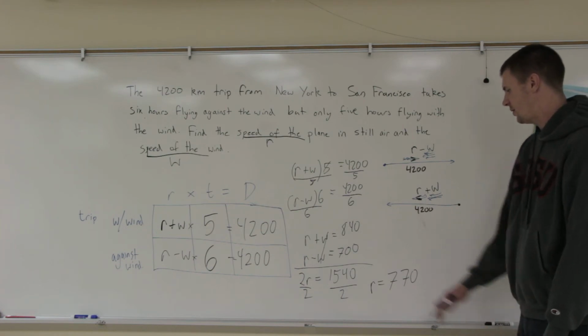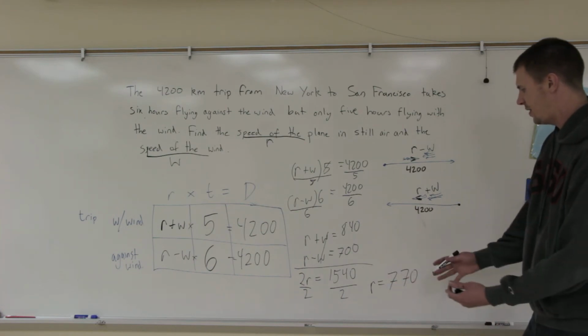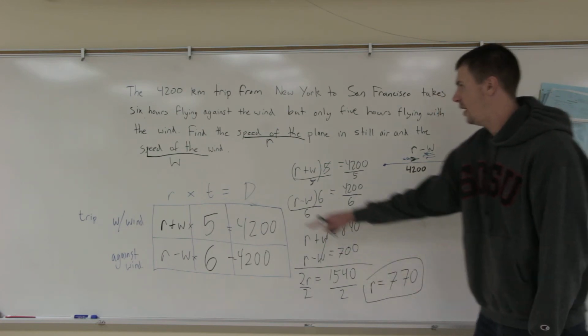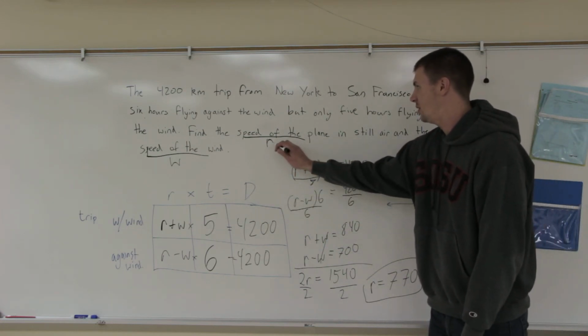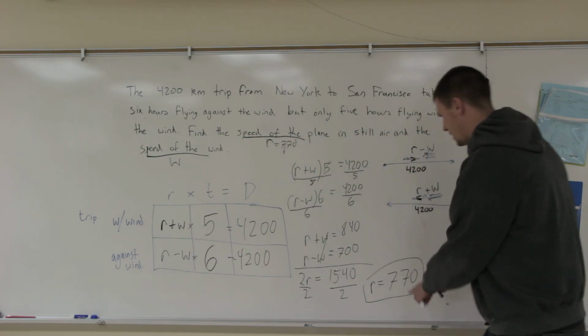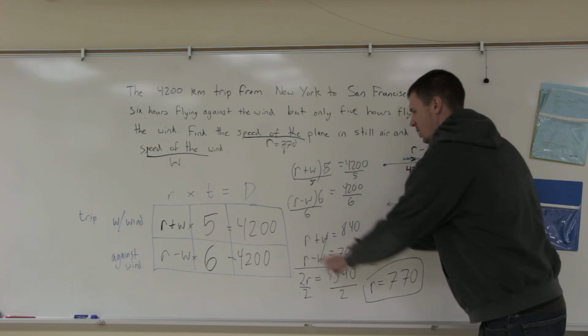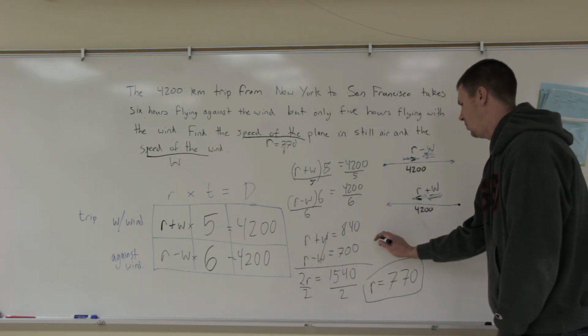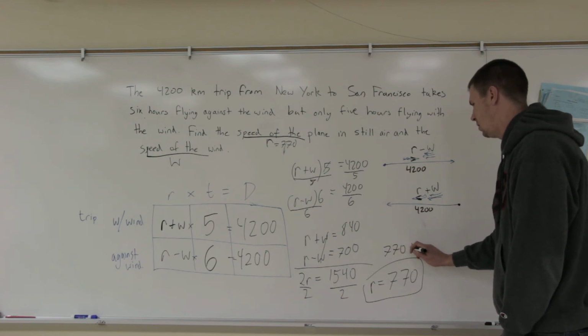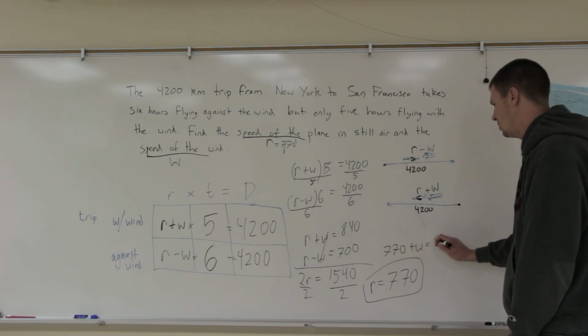All right, so I've got r is 770. I want to find a way to find w. I know the speed of the plane that we were looking for. This is 770. The speed of the wind, though, I take this and plug it back into one of these equations up here. Instead of writing r, we're going to say 770 plus w equals 840.